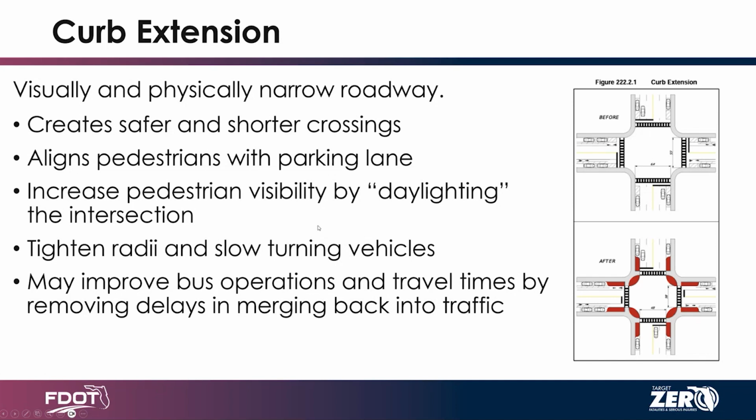With a signalized intersection, especially in an urban area with a lot of pedestrians, your signal operations are drastically impacted by the length of time a pedestrian has to cross the road. So if it takes you 15 seconds to cross versus 30 seconds to cross, that's two pedestrian crossing cycles, 30 seconds total that you saved in your cycle length.